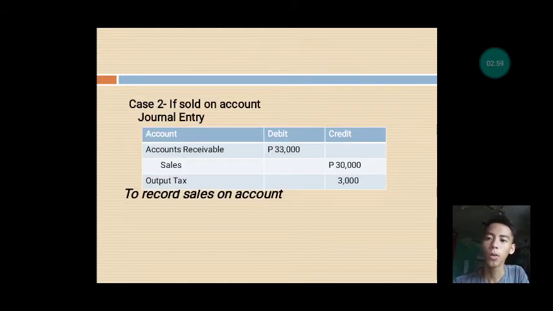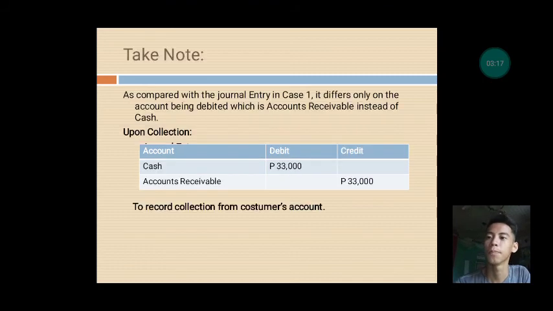In case number two, if sold on account, this is our journal entry: accounts receivable, debit 33,000, and sales, credit 30,000, and output tax, 3,000 in credit. This is the record of sales on account.